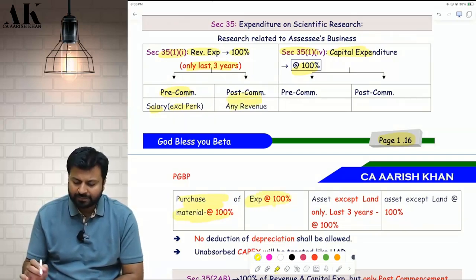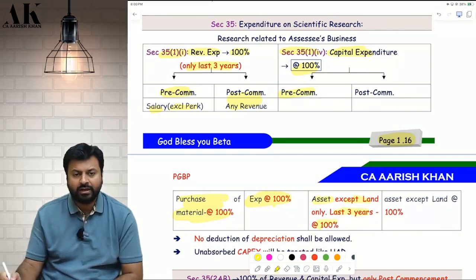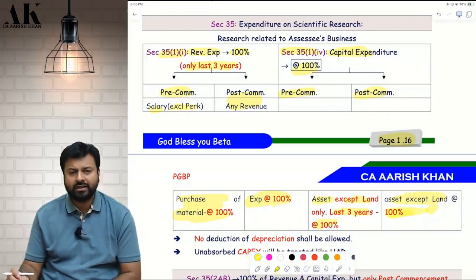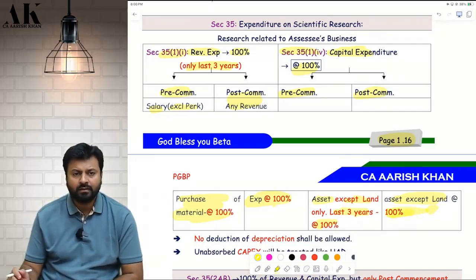Post-commencement, any revenue expense 100%. Capital also, pre-commencement, any asset except land, last 3 years 100%. Post-commencement also, any asset except land 100%. Is it clear? Are you clear?